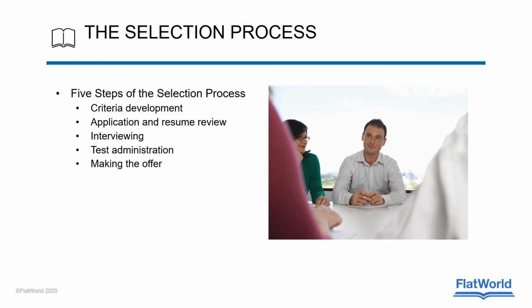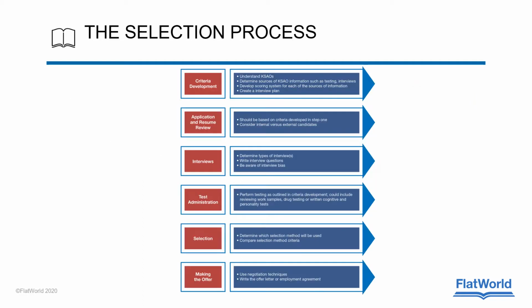Interviewing, and then test administration if you're going to apply tests to the selection process. The test administration could be cognitive tests, personality tests, or, if someone was interviewing for a sales position, a sales test. And then the final step is making the offer.